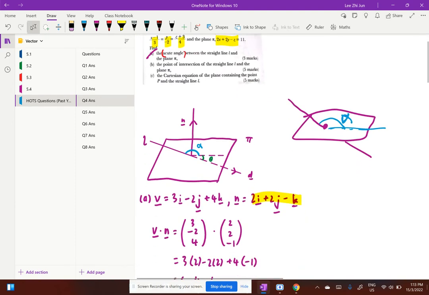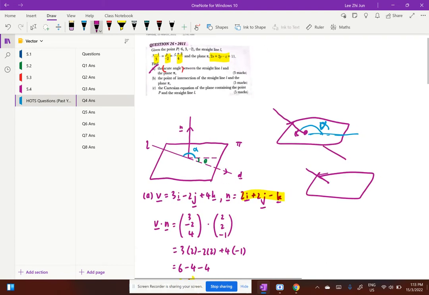So for me, I rotate, I flip it. See, I flip it. Or no need to flip it, just take the angle at here.